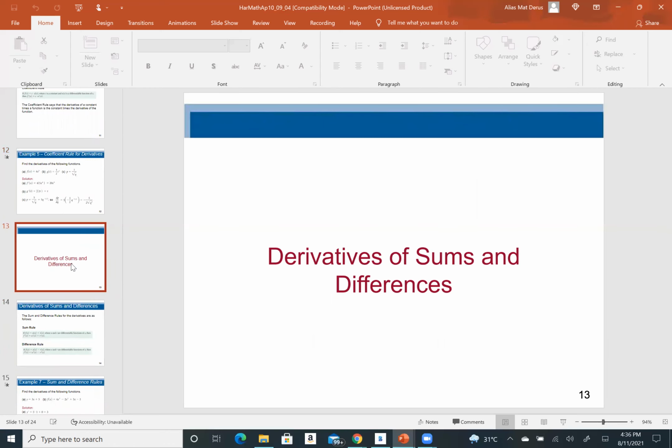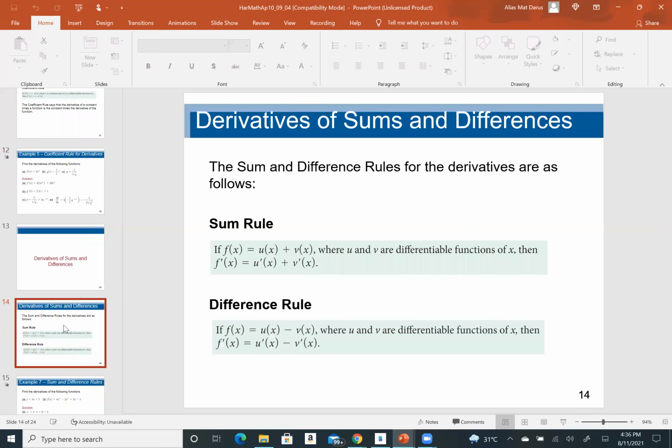The next rule is the derivative of the sum or difference. Just look at the sum rule first; the difference we do afterwards. Sum means you have addition of two or more terms in x. You have u plus v, where u is a function of x and v is also a function of x. So what is the derivative of u plus v?